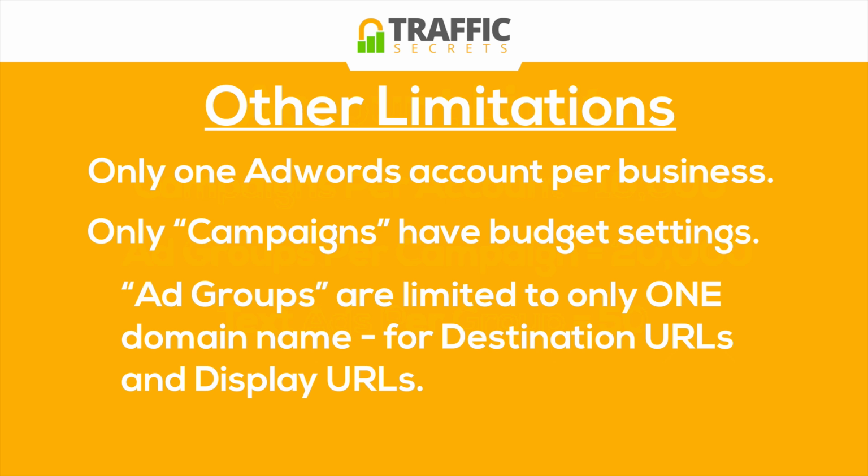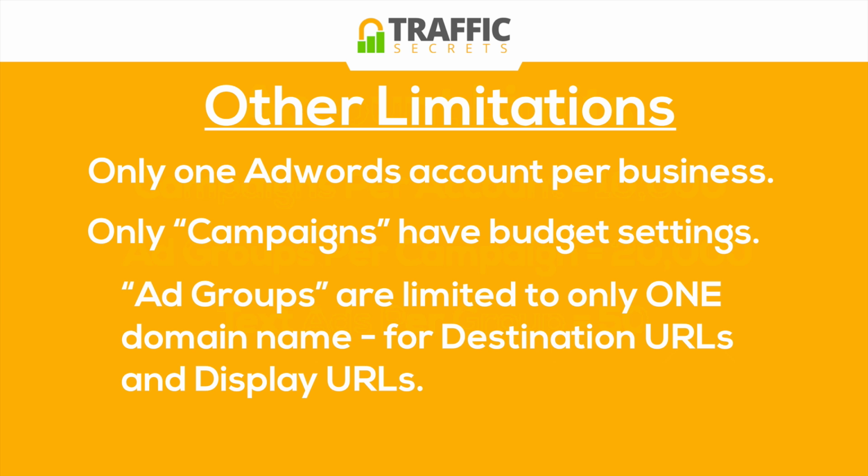Google will optimize the traffic, the impressions, and the estimated clicks and costs throughout a 24-hour period based on the daily budget that you have set for a campaign. So if you name your campaign My Website and then you have all your ad groups under that one campaign, all those ad groups are controlled by that single budget setting.